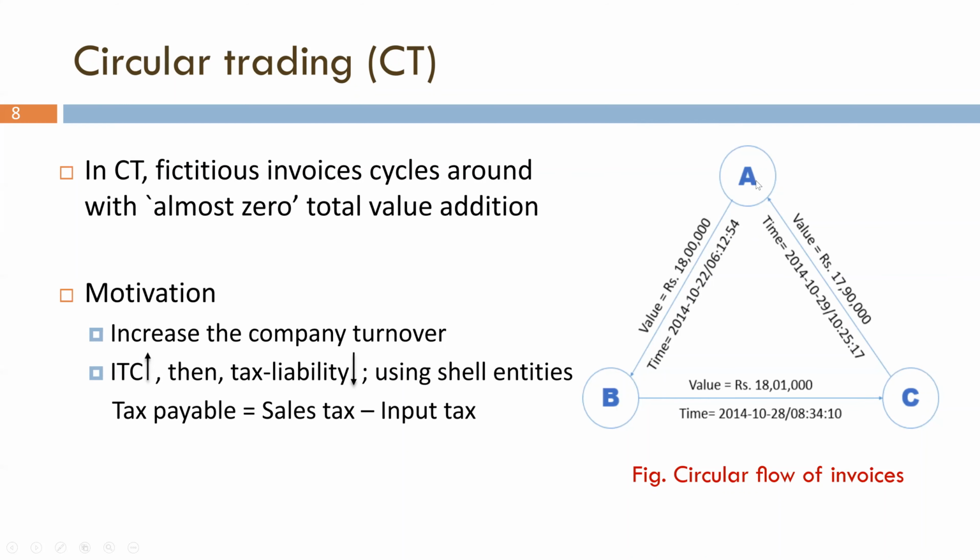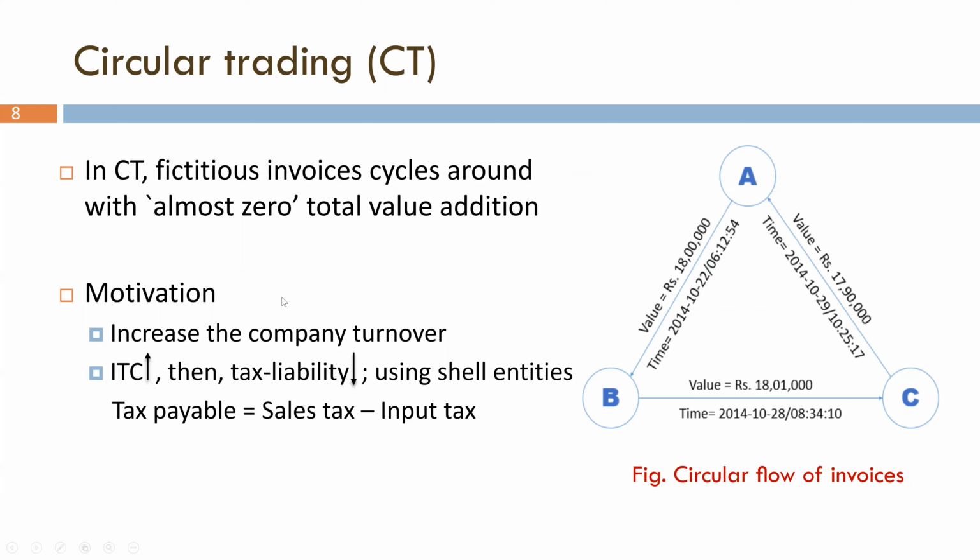You can see here, dealer A sells something to dealer B, then it goes to dealer C, and finally comes back to dealer A to complete the cycle. The amount of goods is almost the same at each step, around 70. So value addition is almost zero here.